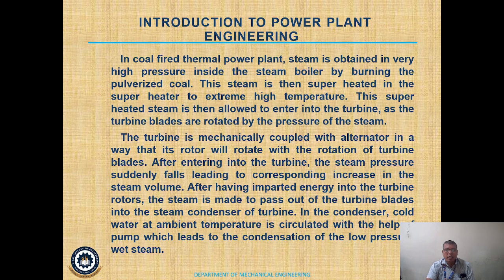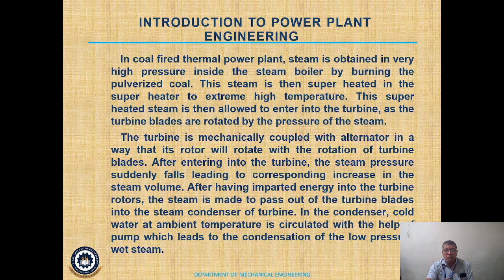This superheated steam is then allowed to enter the turbine, as the turbine blades are rotated by the pressure of the steam. The turbine is mechanically coupled with the alternator in a way that its rotor will rotate with the rotation of the turbine blades.